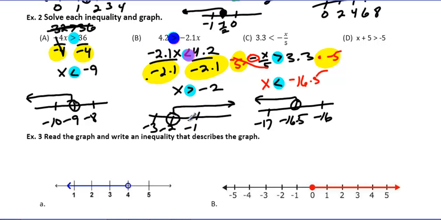Okay, so let's take a look at D now. In example D, we're adding 5 to the x, so I'm going to subtract 5 from both sides. Now the question is, do you think I should flip this sign? A lot of times people confuse subtracting 5 from both sides with dealing with a negative number, which is the rule that tells us to flip.